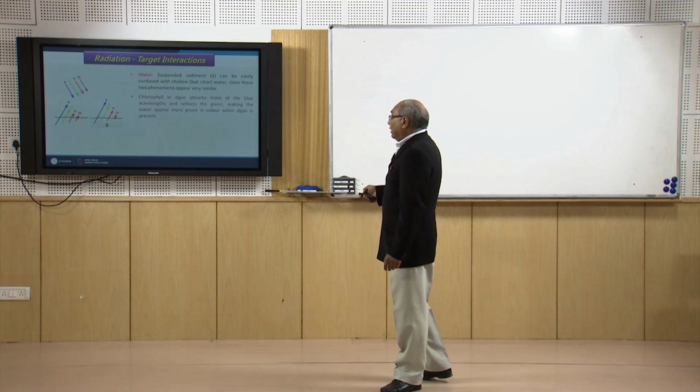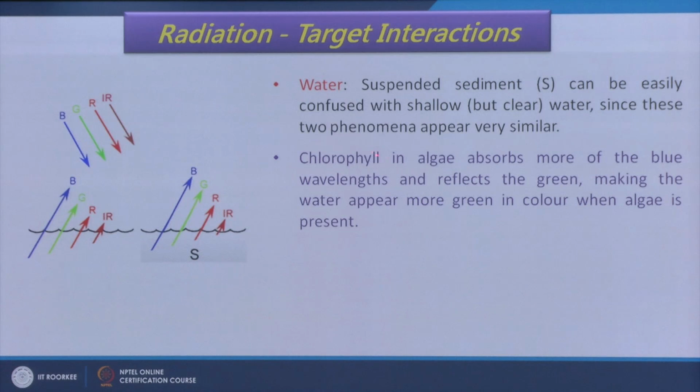And in normal conditions one may find algae and other things present in the water, and algae might have chlorophyll. So chlorophyll in algae absorbs more blue wavelengths and reflects green, making the water appear more green in color when algae is present.